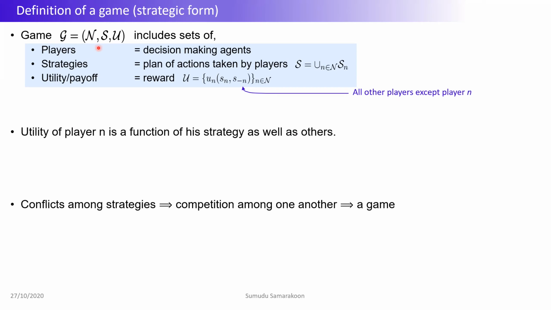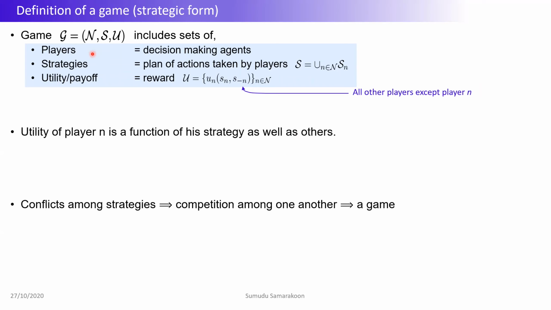A game is composed of three components. First one is the players. Players are the ones who make the decisions in the game. Sometimes they are called agents as well. Then these players have to play certain actions. So they have a plan on playing certain actions.